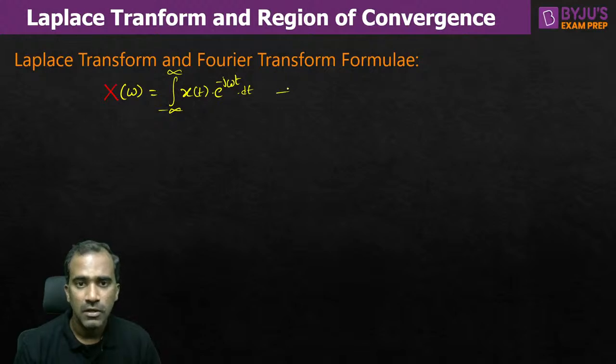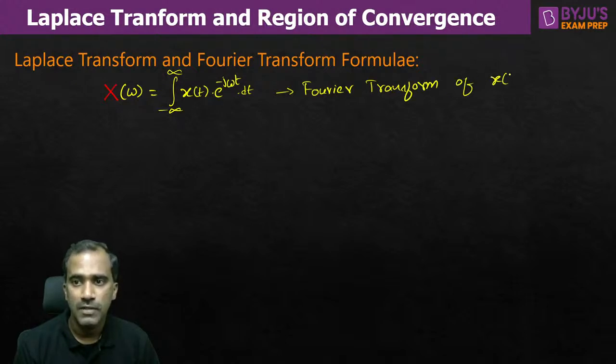This is the Fourier transform formula for a signal x of t. This is the formula that we use to find the Fourier transform of a signal x of t.